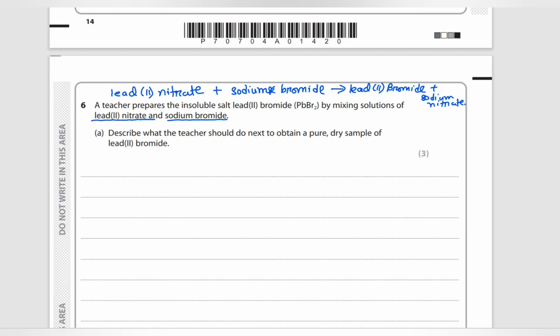So we have to first filter the solution to get the lead(II) bromide as residue.